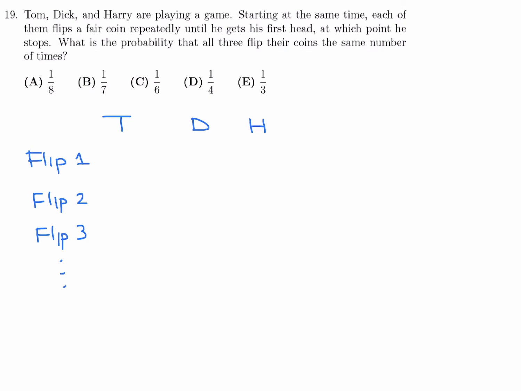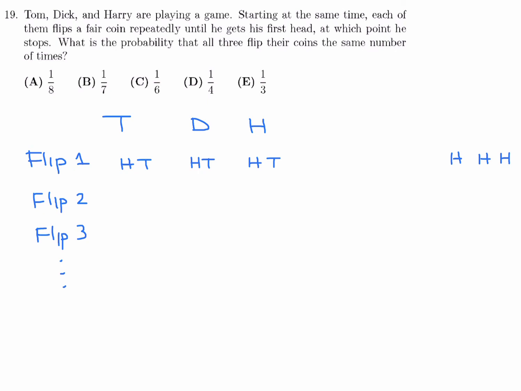Okay, let's talk about this. If they all flip heads, there's only 2 outcomes, heads or tails. And if they all flip heads, if it's H, H, H like that, then that satisfies the criteria that all of them flip their coins the same number of times, and in this particular case, once.